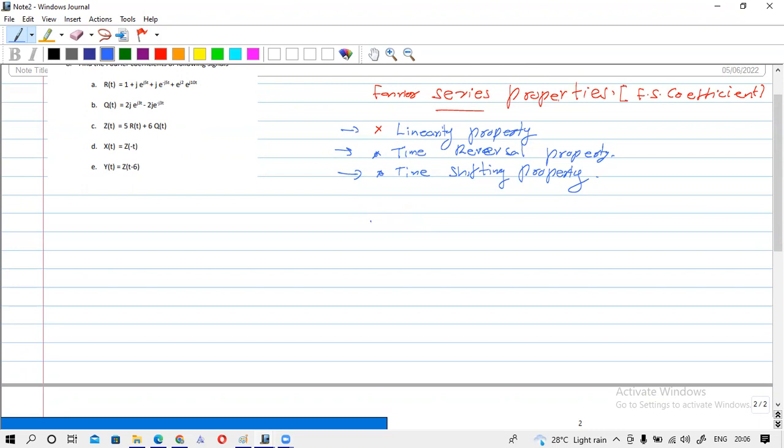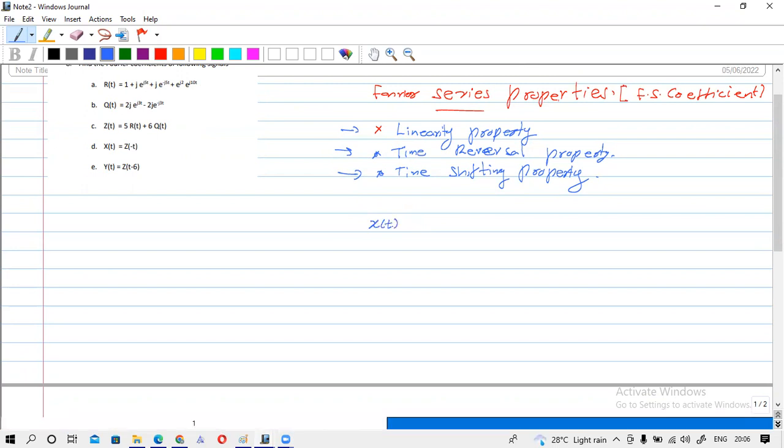If we have a periodic signal x(t), and we express this as a Fourier series of exponential terms, let's say that the Fourier series coefficients are a_k.